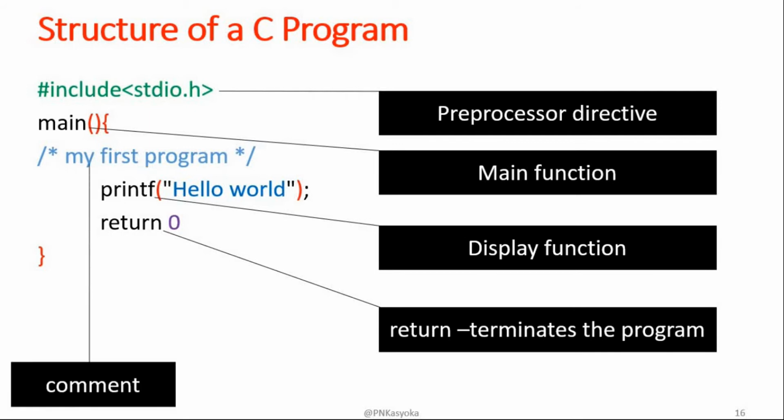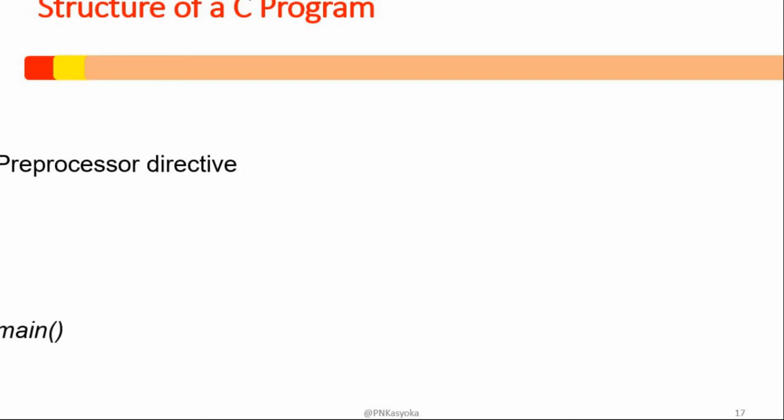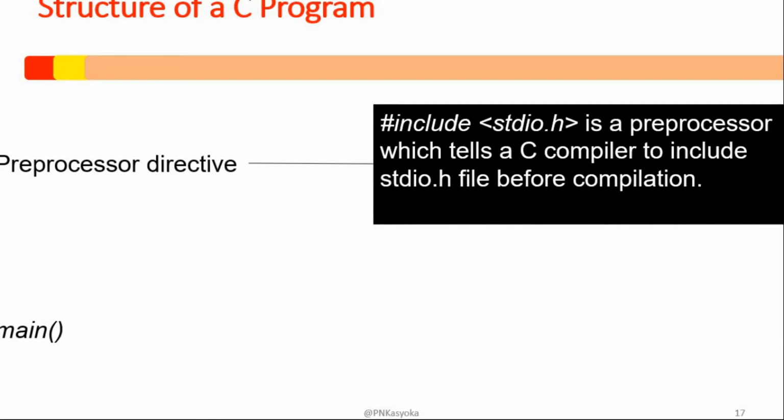And lastly, we have comments. Comments are basically used for the purpose of making the program much more readable. Now, the preprocessor directives, as we have seen in our previous example, we have #include standard input output, and what is basically happening within that statement is that we are telling the compiler to include a specific file, and we have specified the file as standard input output.h.